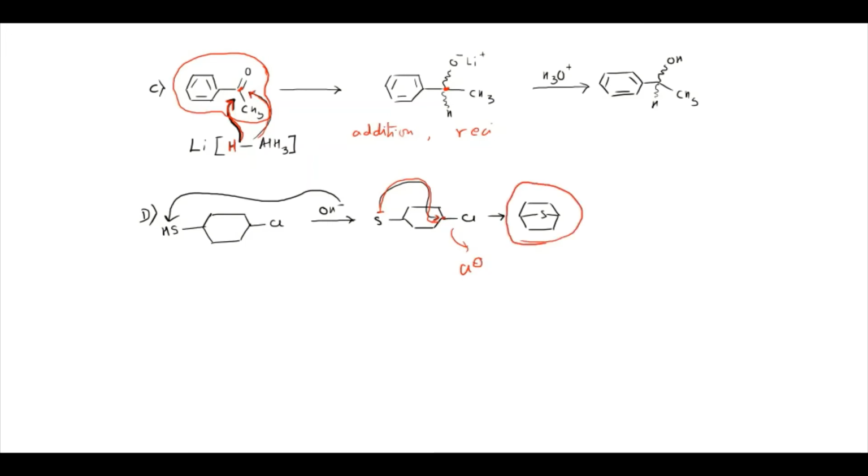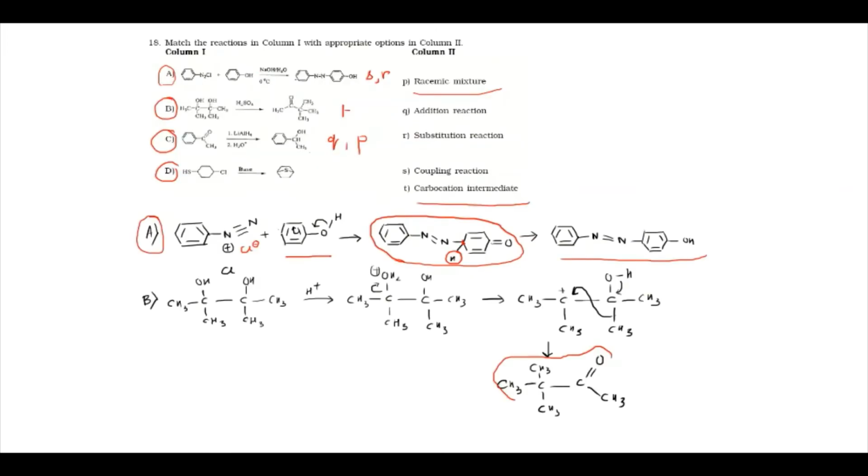So this is a substitution reaction. So this D can be matched with the substitution, that means R here. So these are our options. So A matched with S and R, B with T, C with Q and P, and D with R.